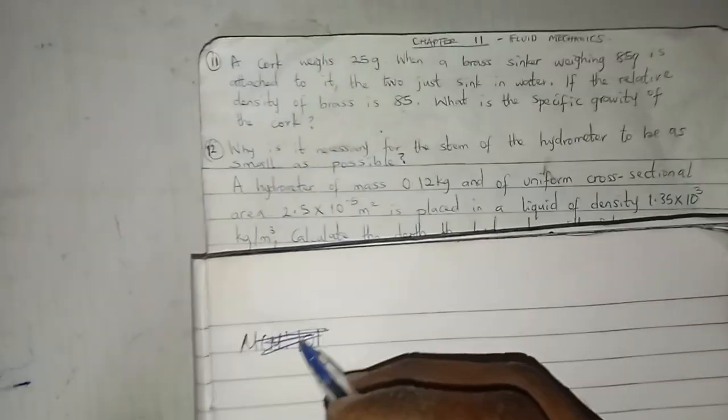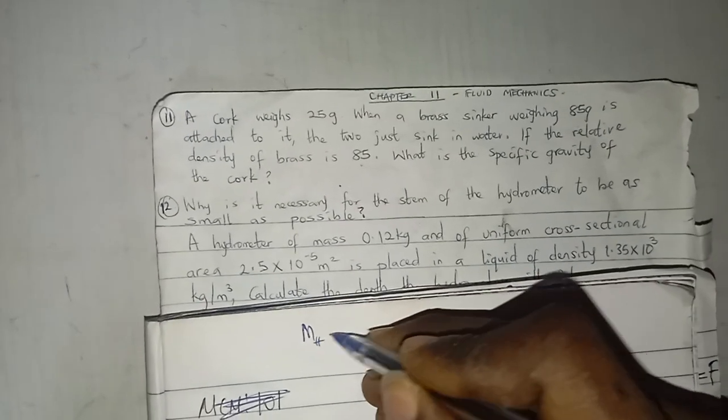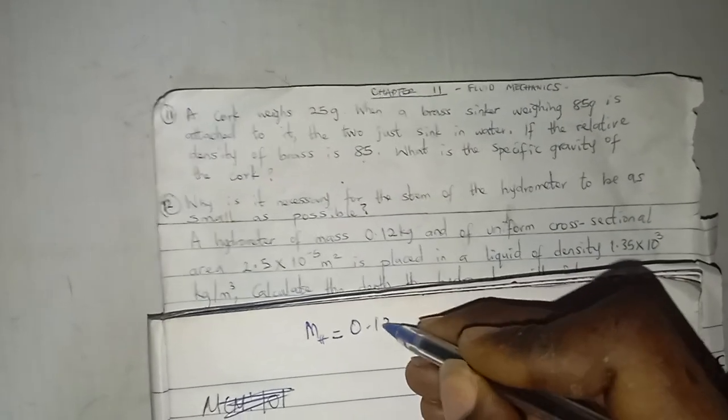So first of all, the best way to answer this question is to always pull out the units or parameters. You see parameters given to you. So still on chapter 11, exercise 11, number 12 this time around. So to answer that question, all I need to do is to say, here I am given that the mass of hydrometer equals 0.12 kg.